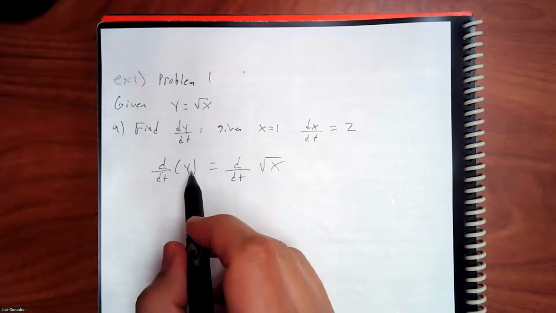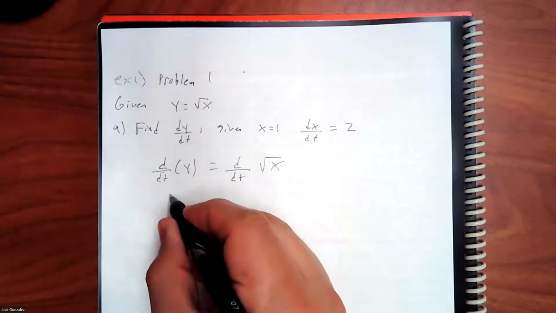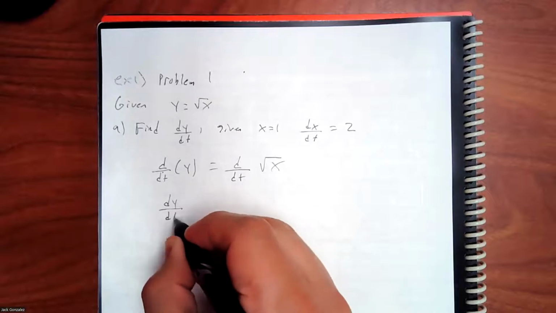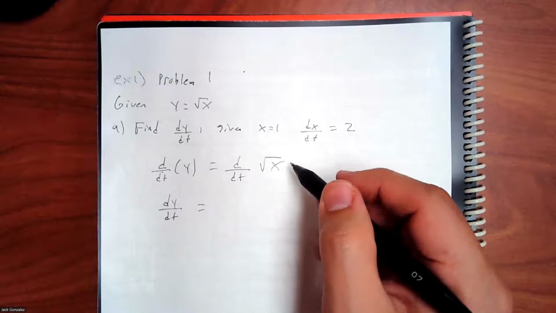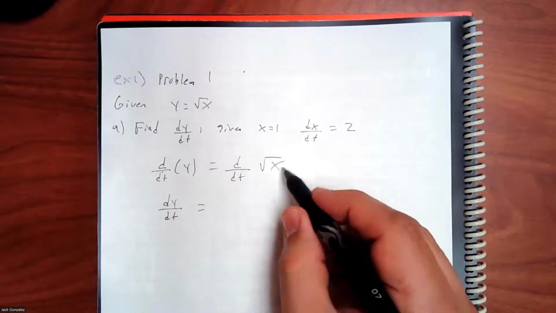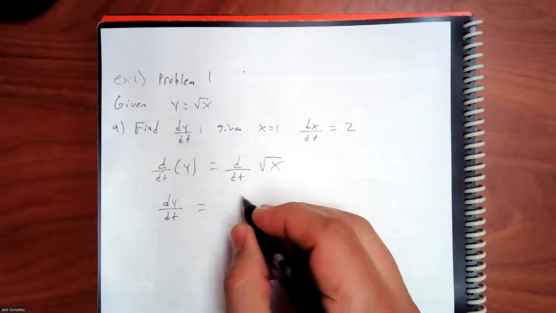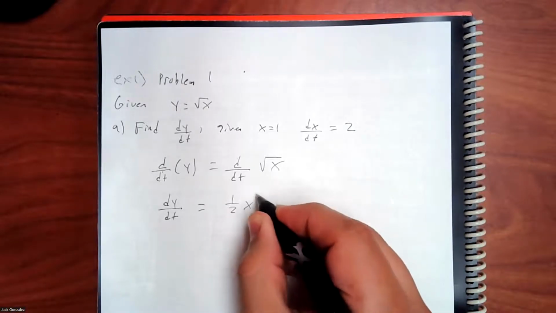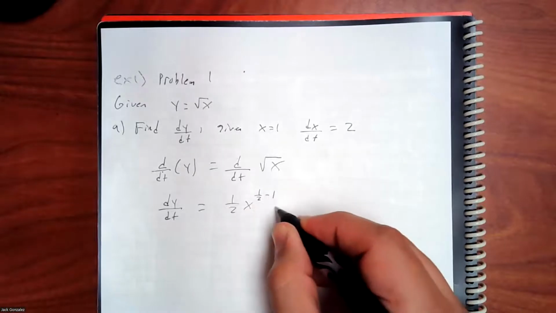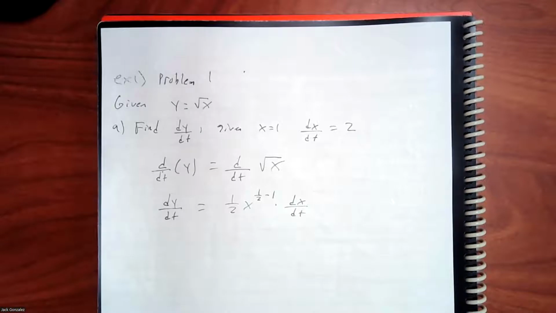So this guy will become the derivative of y, which is 1 times dy/dt. The derivative of this guy, we should probably change that to a 1/2 power and bring the half down. You agree that it's going to be this, right? Let's skip the minor step there. Is that okay?